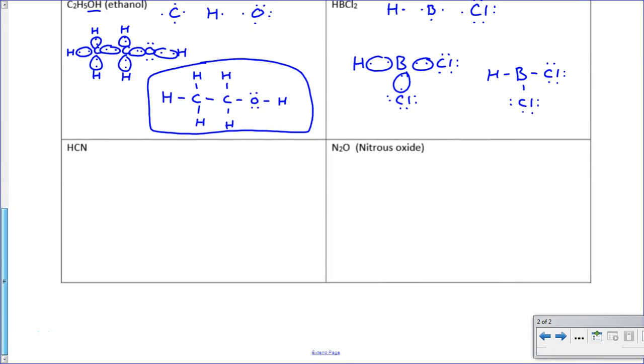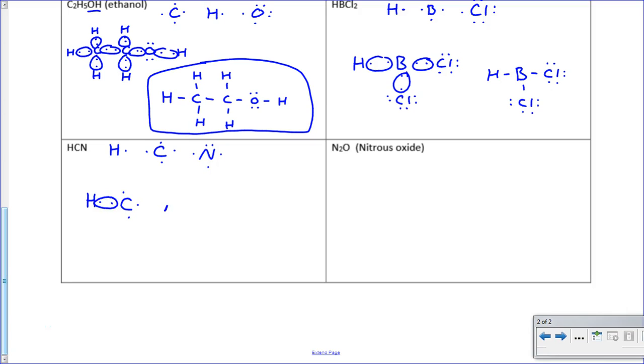Alrighty. Getting near the end here, we've got HCN. This hydrogen wants to make 1 bond. Carbon wants to make 4 bonds. Nitrogen wants to make 3 bonds. All right, and so hopefully you can kind of see the logical structure here. Hydrogen is going to bond to one side of this carbon.